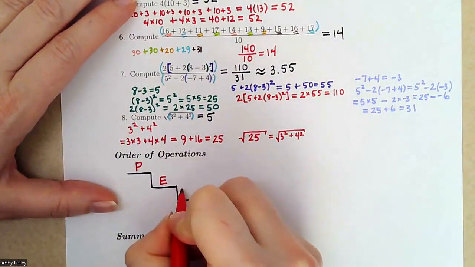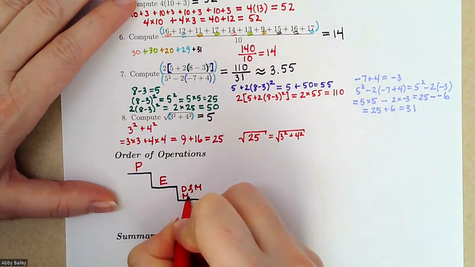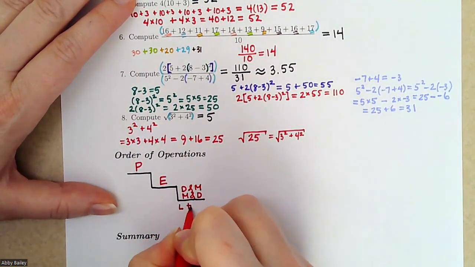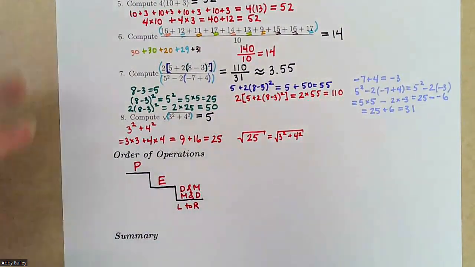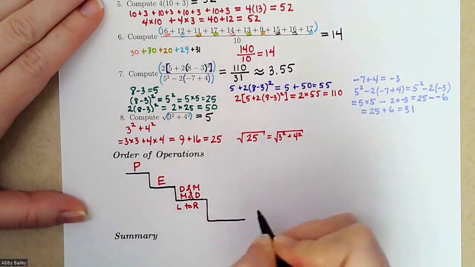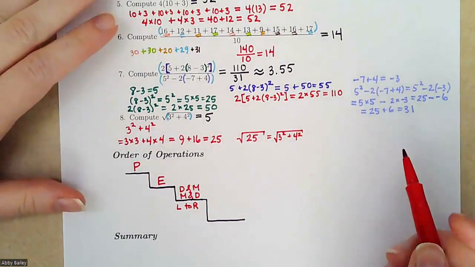If you see them, go from left to right. So divide and multiply, or multiply and divide, from left to right. And then after multiplication and division are done, the last step is to do additions and subtractions.